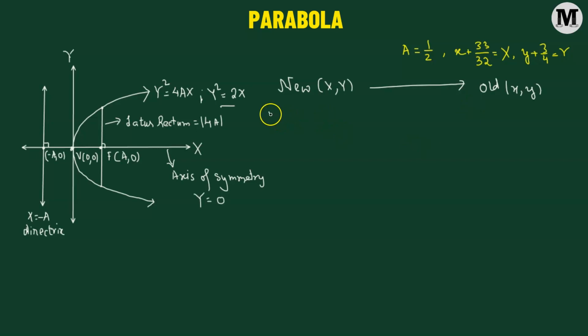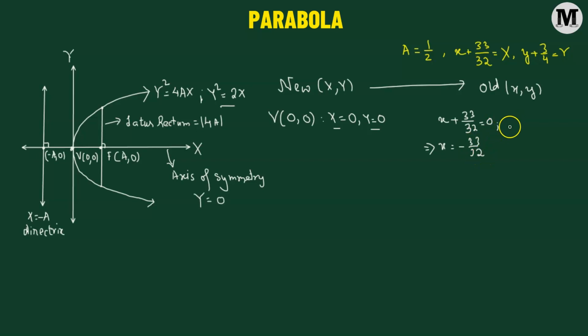To begin with, we'll start with the vertex. The vertex is at (0, 0), as mentioned in the diagram here, which means that X corresponds to 0 and Y corresponds to 0. In the old coordinate system, we'll use the same two equations, X equals 0 and Y equals 0, but in place of X we use x plus 33 over 32, and this will equal 0. That gives us x equals negative 33 over 32.